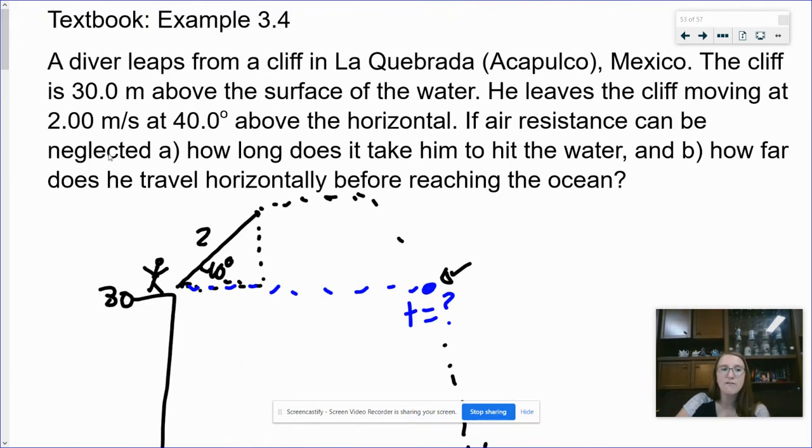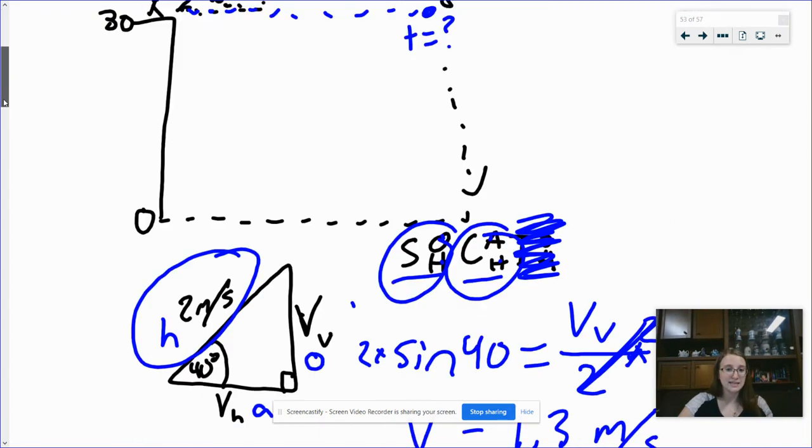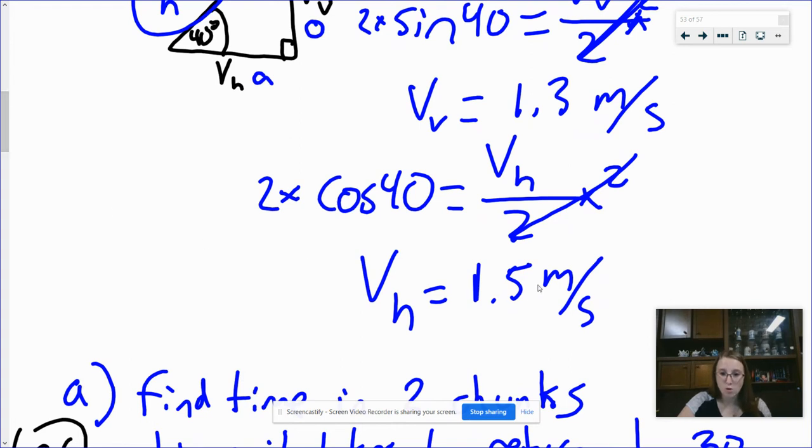So B, how far does he travel horizontally before reaching the ocean? So here's what we know about the horizontal travel. The horizontal velocity is constant. Any motion in this direction is not affected by gravity, right? So what that means is this horizontal velocity is going to be the same throughout the entire travel.